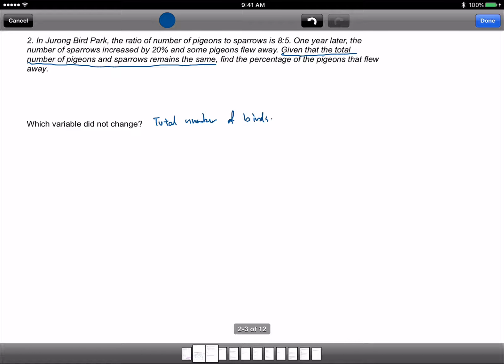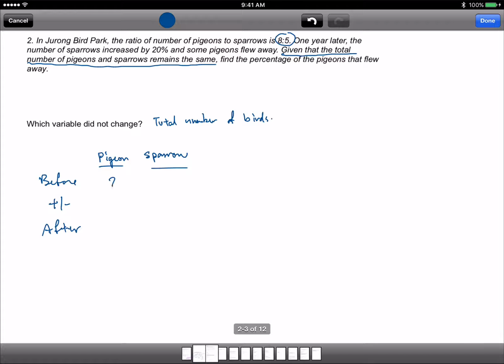So the total number of birds remains the same. And which are the two variables? I have pigeon and sparrow. Okay, so at first, before, plus, minus, and after. Before that, the ratio of pigeons to sparrow is 8:5.